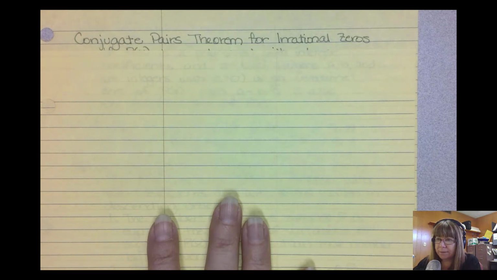So, for example, 1 plus the square root of 5, its conjugate is 1 minus the square root of 5. So I changed the addition to subtraction, and now it's its conjugate. And if it was originally subtraction, I change it to addition.